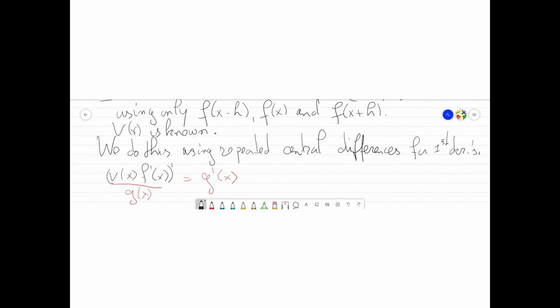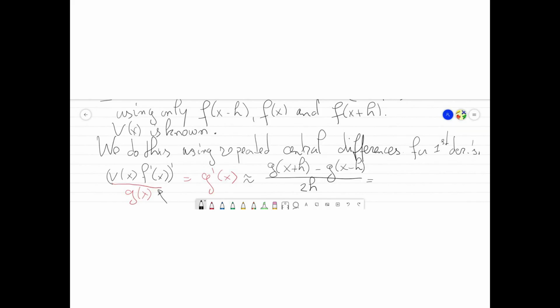So if I do that one, I can approximate it using g central, so it's g at x plus h minus g at x minus h, and then divided by 2h. This is just a simple step. But now I know what g is, basically this, so I can put it back in.